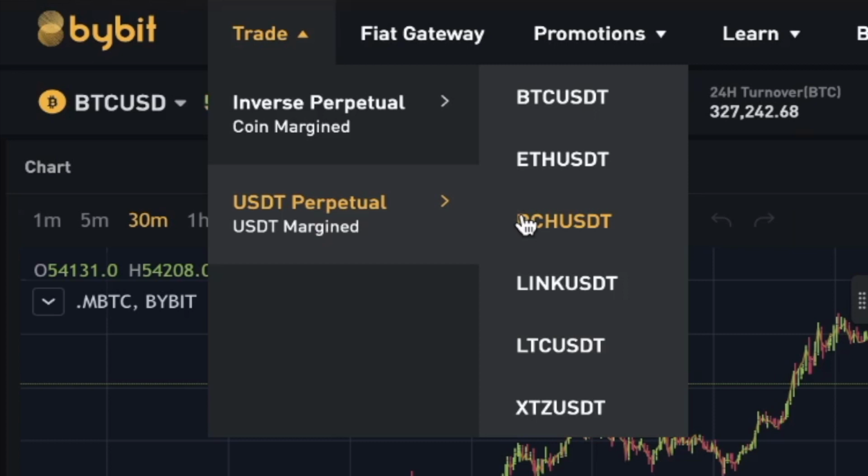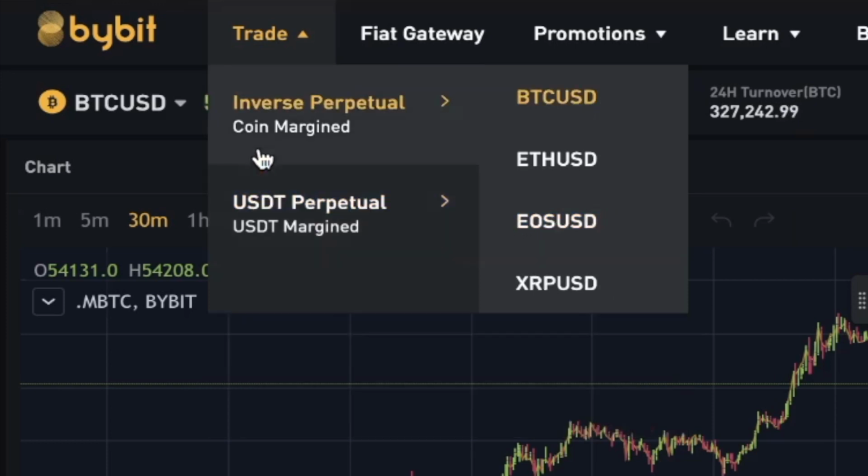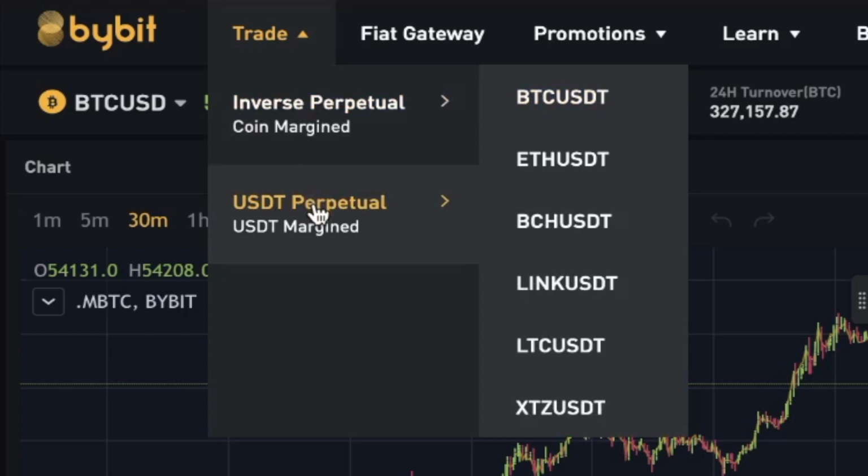So you are maintaining the value of the dollar while you're shorting that cryptocurrency, and you don't need to use that crypto while it's losing value. So better to long with inverse perpetual. You are actually using the cryptocurrency gaining value plus the long leverage. And if you want to short, the best option in my opinion is using US dollar tether perpetual, because then you are shorting the cryptocurrency but you're gaining the US dollar tether value.